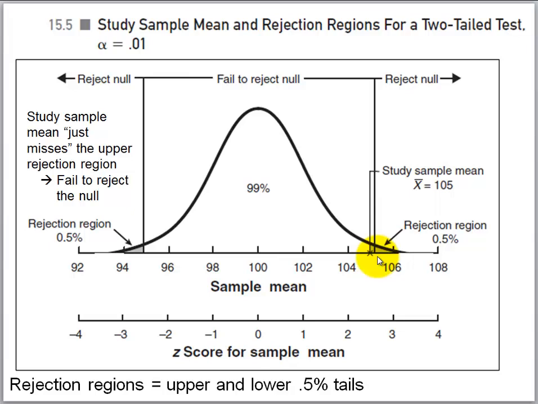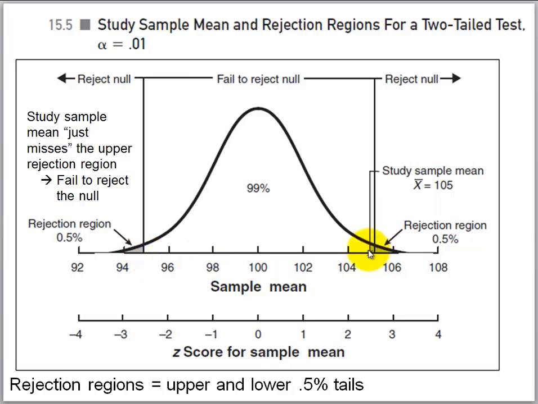As a quick calculation, our estimate of the standard deviation of the sampling distribution is 2. 2 times 2.58 equals 5.16. So the rejection region at the upper tail starts just a little bit above 105, at 105.16, and then over here the rejection region begins just a little bit below 95.